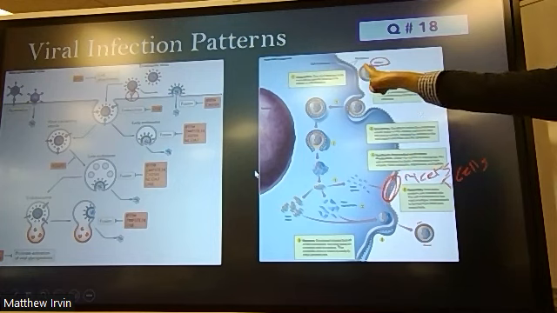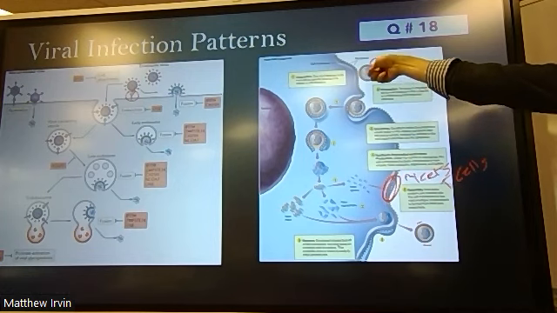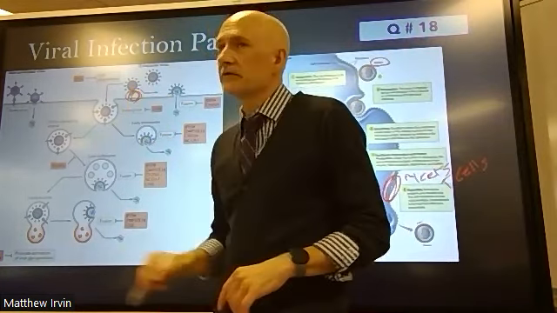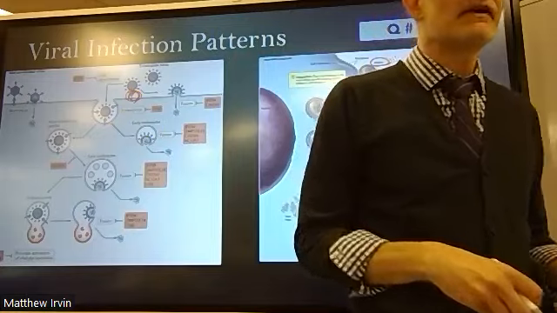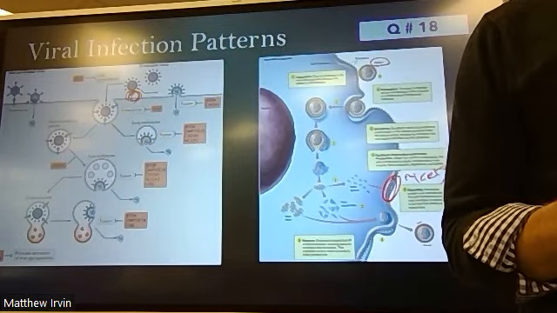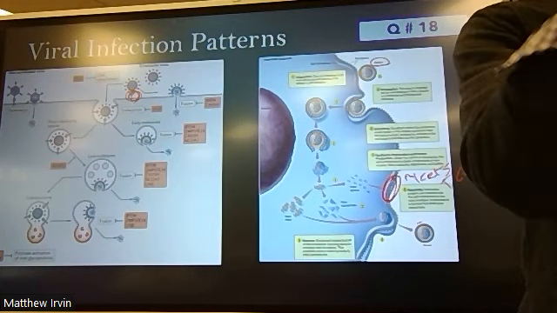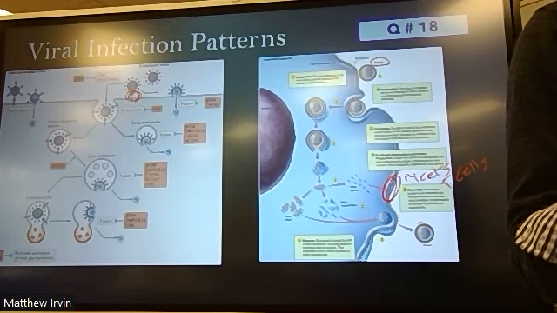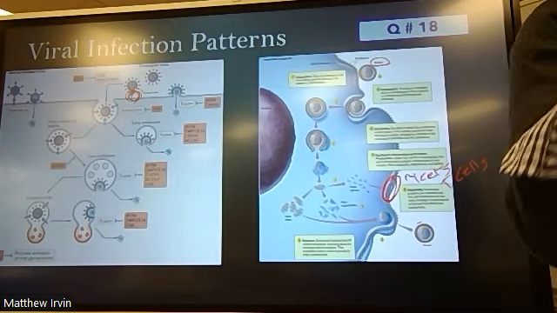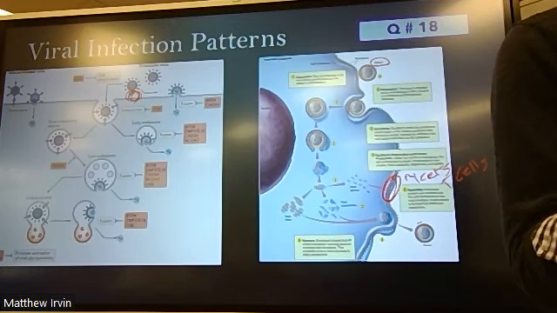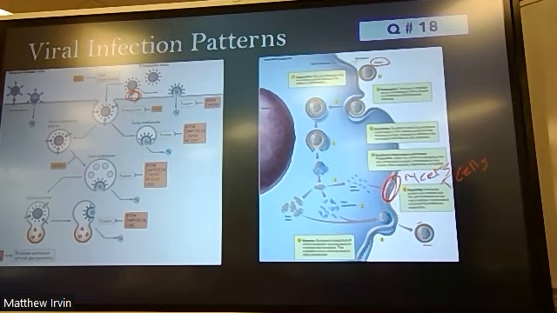But this is also why viruses tend to be species specific, because they bind to these specific cell receptors. It's also why viruses tend to be specific to different tissues, because different cells have different receptors. So if a virus can infect either different species or different tissue types, it's because those cells have common receptors.